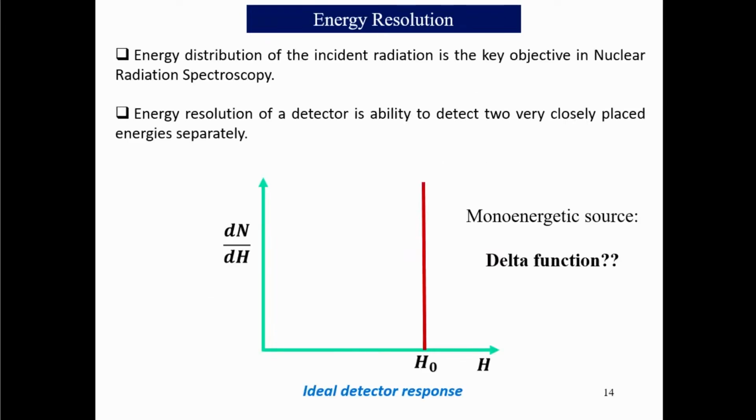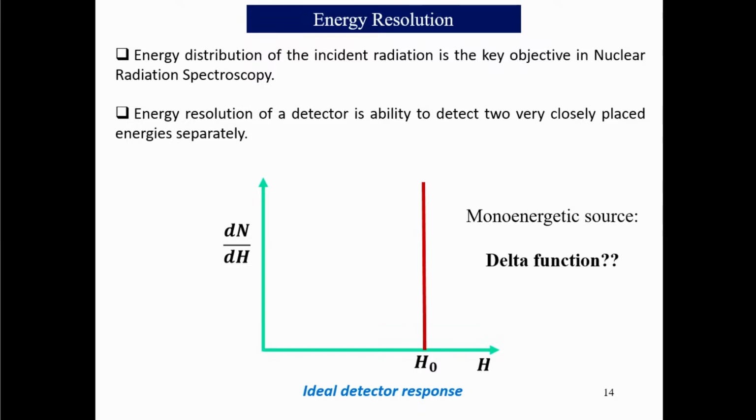Now, I am coming to the concept of energy resolution, which is very important whenever we talk of radiation spectroscopy. Imagine that at a given energy of radiation, it is creating some charge pairs in my system and I am collecting the charge pairs every time.